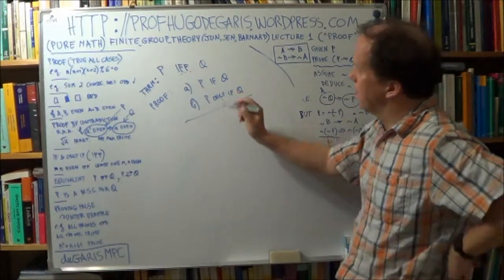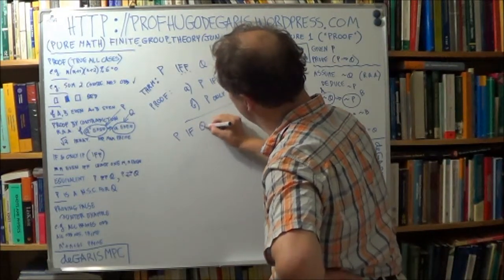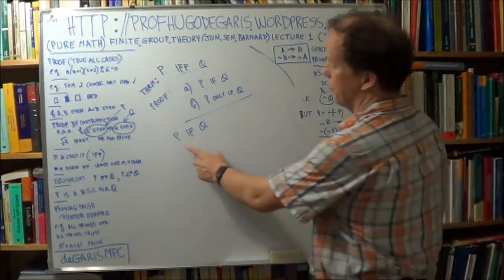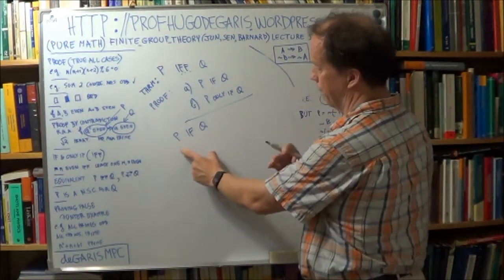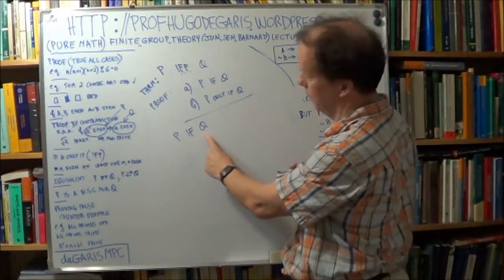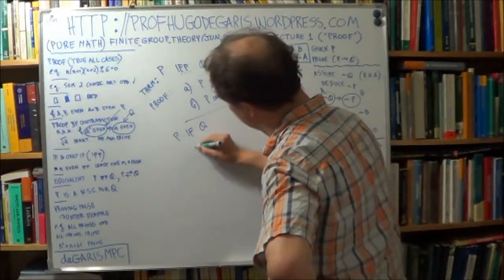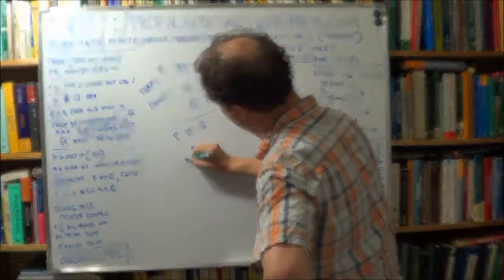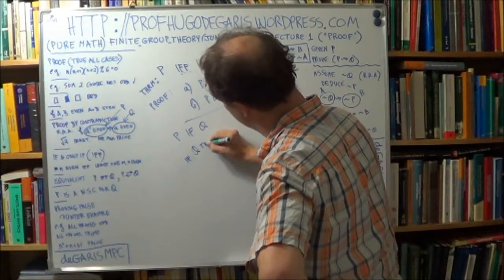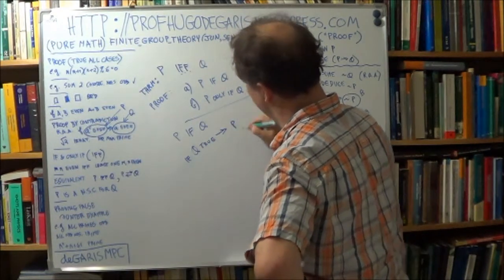So think about it. P is true if Q. Right? For example, I live in China if I live in Xiamen. So P is true if Q. And from that you can deduce that if Q is true, then P. Right?